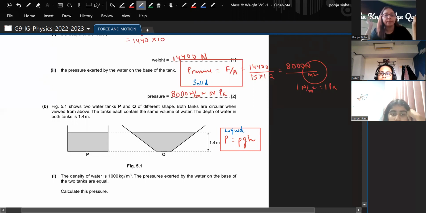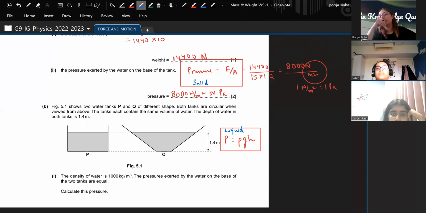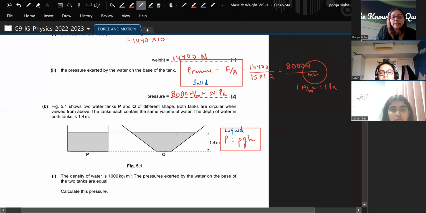Sargun, what is rho? What is rho, Sargun? I don't know. Okay, Gauri, what is rho? Density. Rho is the density. What is the density given, Sargun?